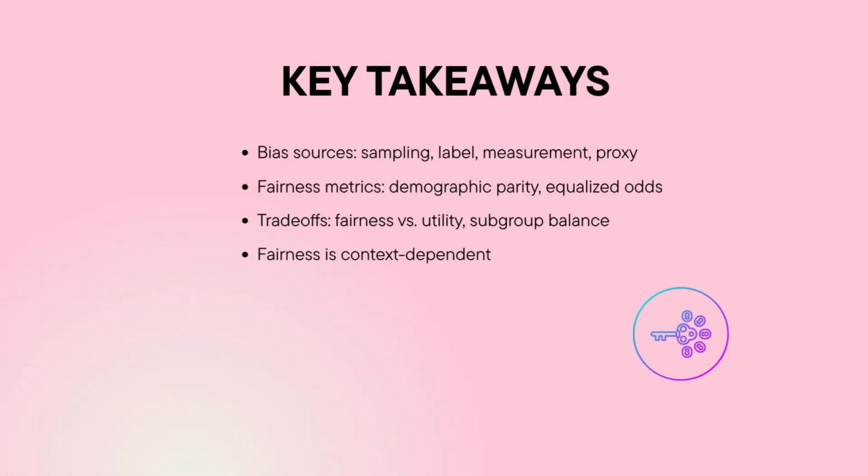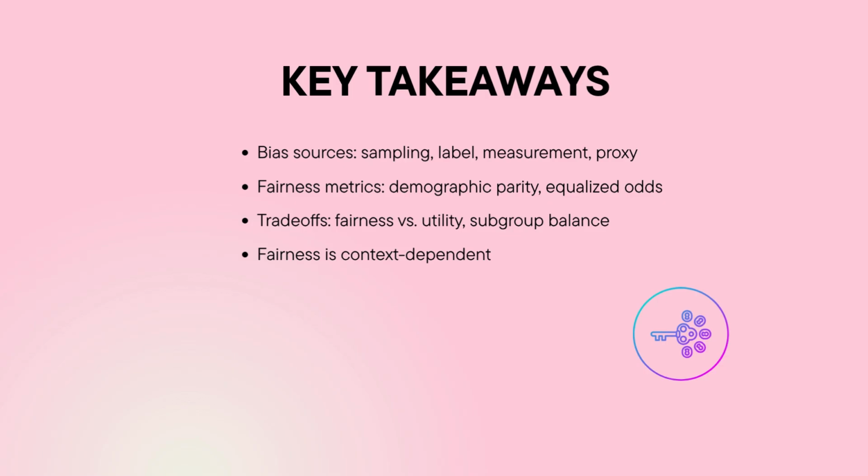All right, so in this section, we explored the many ways bias can shape AI systems and the tools used to evaluate fairness. We looked at four sources of bias: sampling, label, measurement, and proxy bias, each capable of undermining accuracy and trust. We introduced fairness metrics like demographic parity and equalized odds, showing how they define fairness differently.